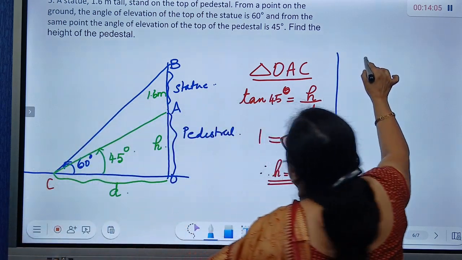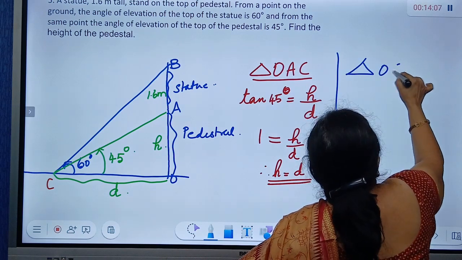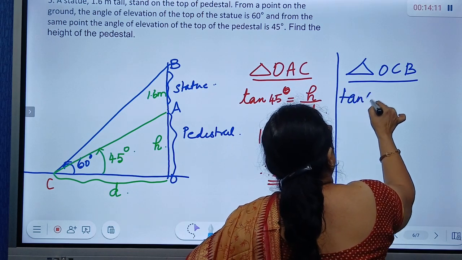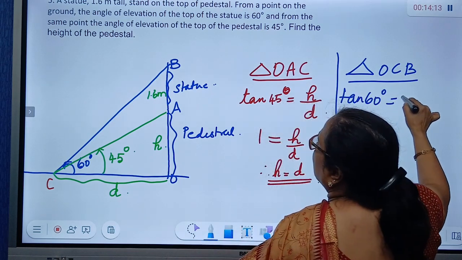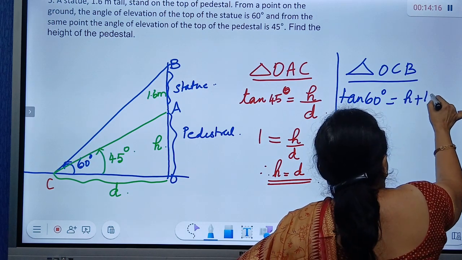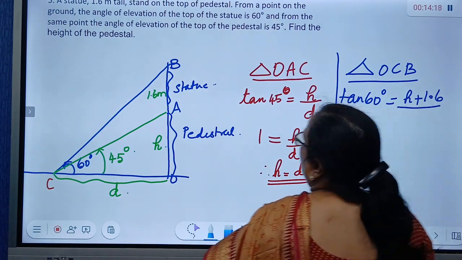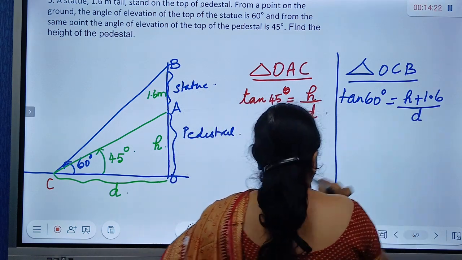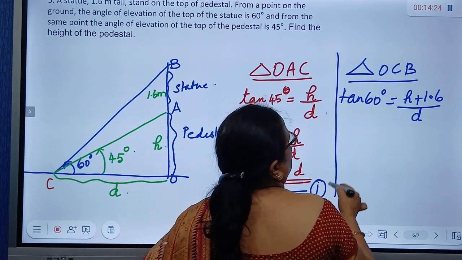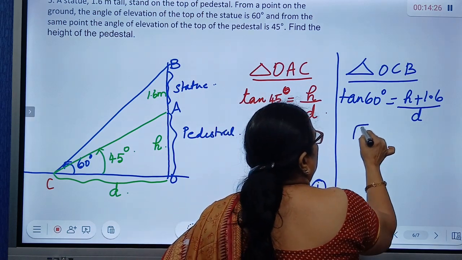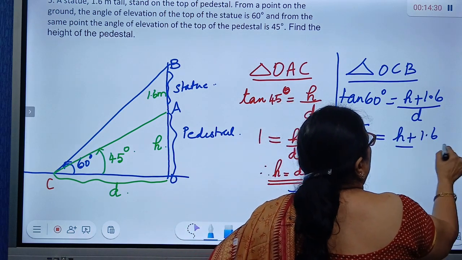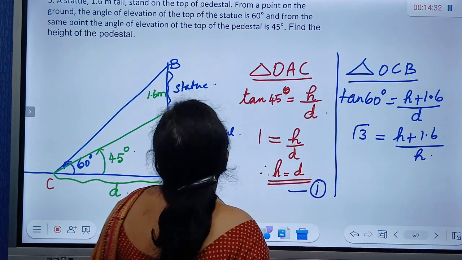Now, let us look at the triangle OCB. So, what is the angle of elevation? 60 degrees. Now, what will be tan 60? H plus 1.6 divided by adjacent side, which is d. But what is d? D is also h from 1. Therefore, root 3 is equal to h plus 1.6 by h. What is it you have to find?